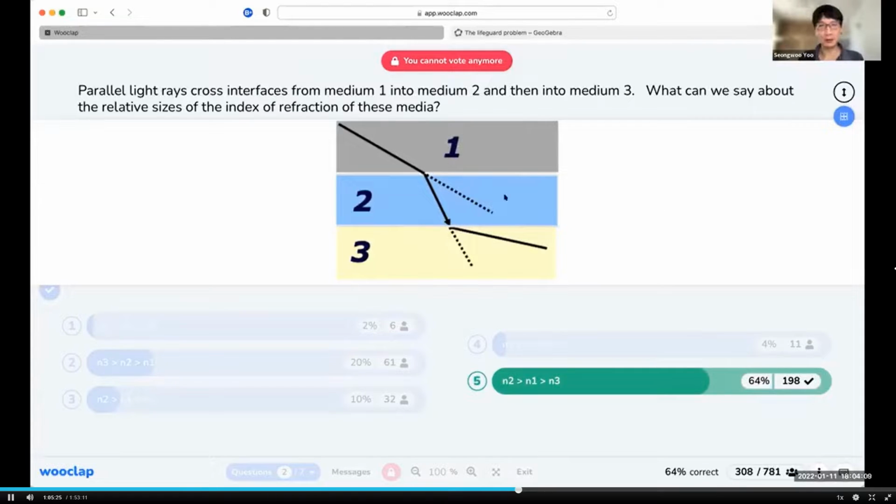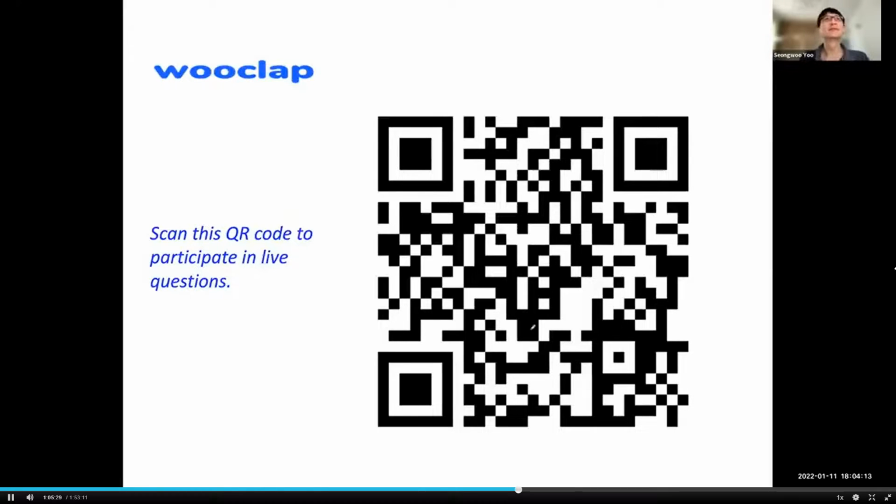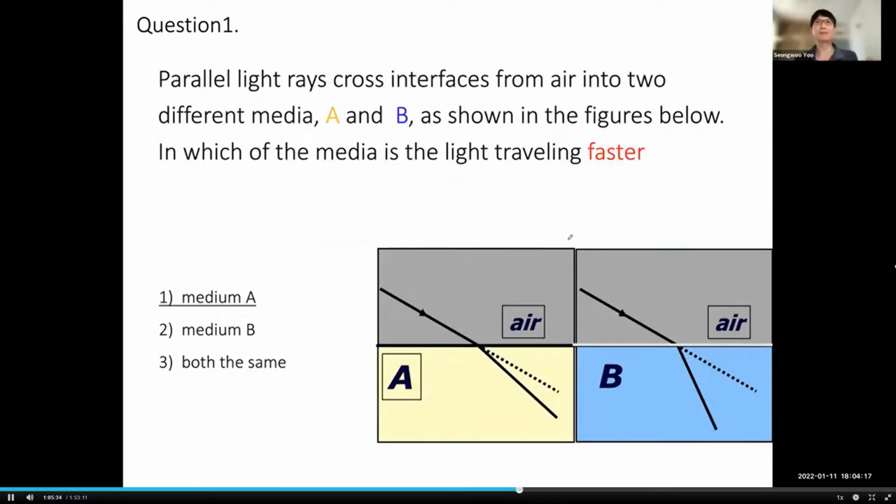So let me go back to the lecture note. Okay. So first of all, the light will travel faster in the medium A. So the correct answer is 1, the medium A. Why? Because if you compare the light bending in the A and B, then in the B, the light bends more.